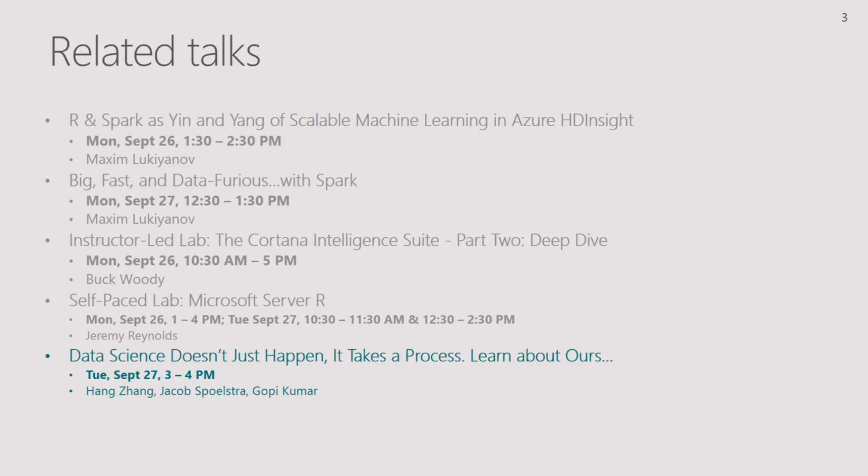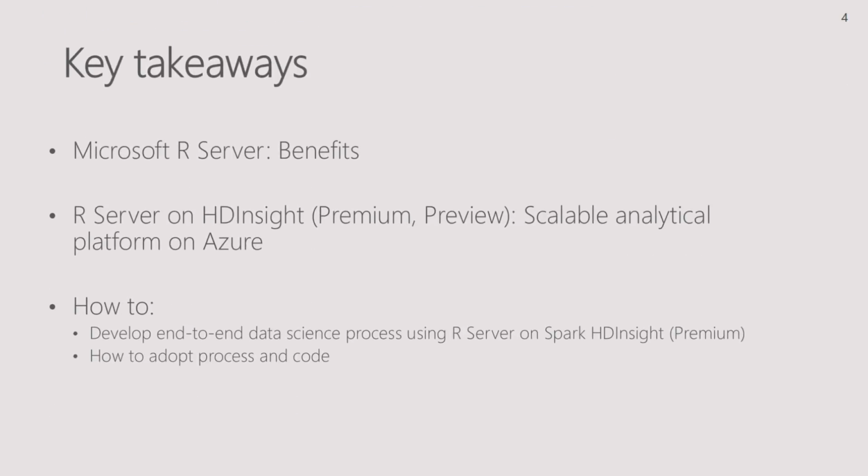But the one that I encourage you to attend if you can is the last one, which is the data science process. It's from 3 to 4. It's quite related to the content that I'm going to present today in terms of how one can look at a data science process and develop an efficient data science process. So I think that might be of benefit to you as well.